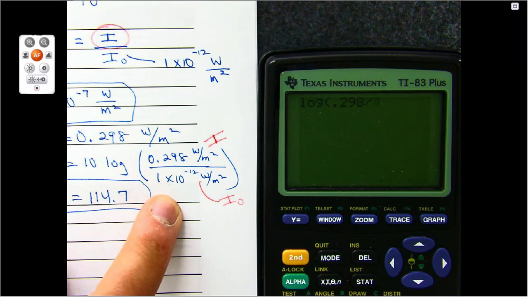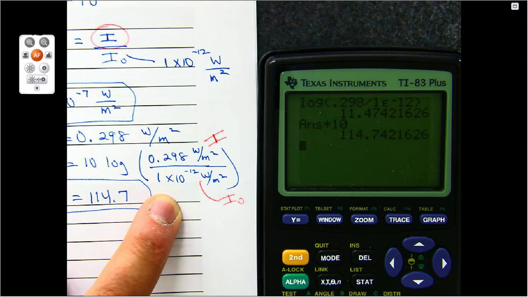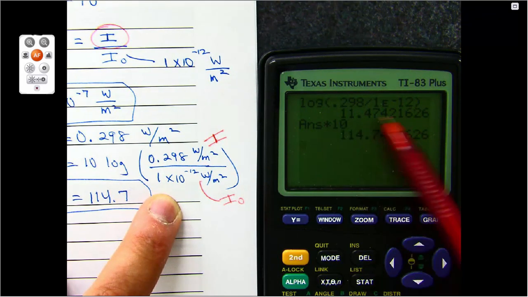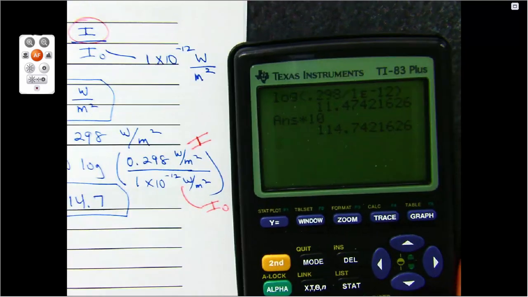I'm going to divide by 1 times 10 to the negative 12. Make sure you're using the plus minus button and not the subtraction key. So I'm going to enter there, and I'm going to multiply that by 10. I do the log first. You can put 10 in front of it and then log it, but does that show up pretty good?